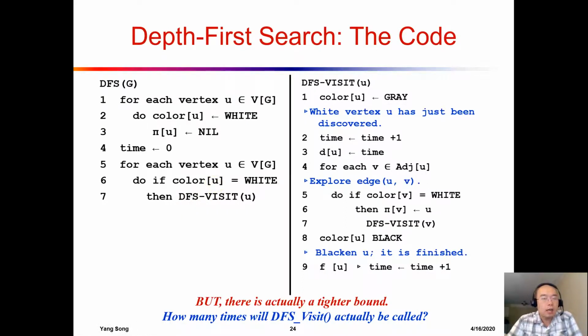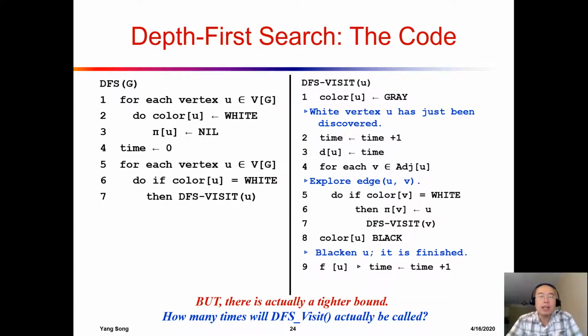If we see a black node or a gray node, we won't call that anymore. So we will only call the DFS visit once for each of the nodes. Because the second time we see that node again, that node might be gray, might be black, but this node won't be white anymore. The point is, for each of the nodes, we will only call the DFS visit once. Okay.